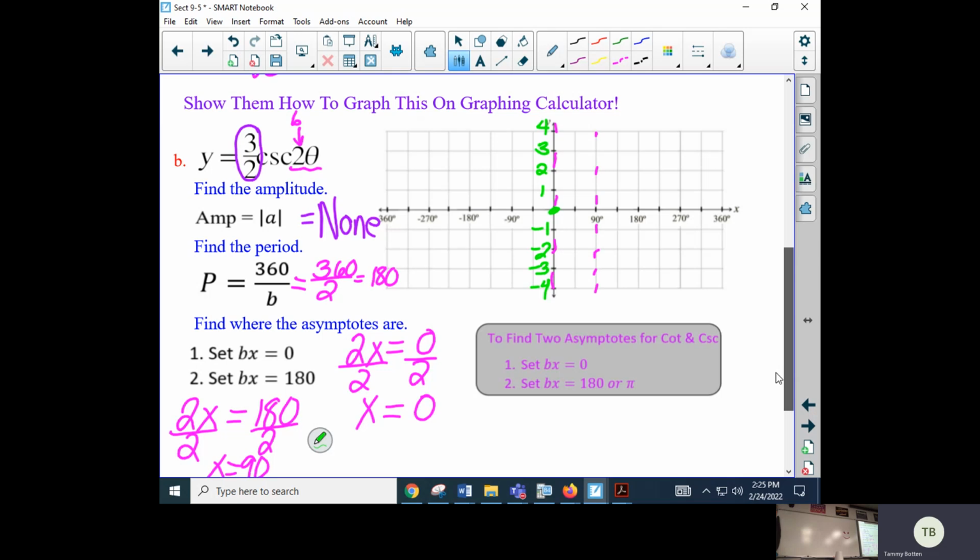So do you get that if I went up to 3/2, it would be right here? And then every time you have an asymptote, that's where your graph is going to come back down and hit the x-axis. Halfway in between the two asymptotes, you're going to have your high point. And then if we finish drawing our asymptotes, it might help us.